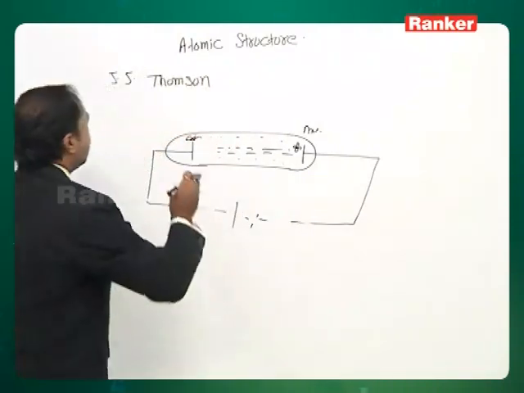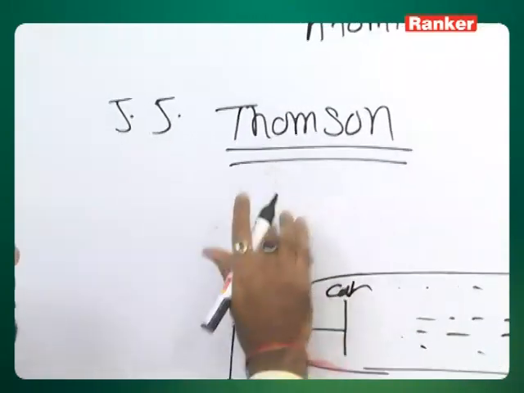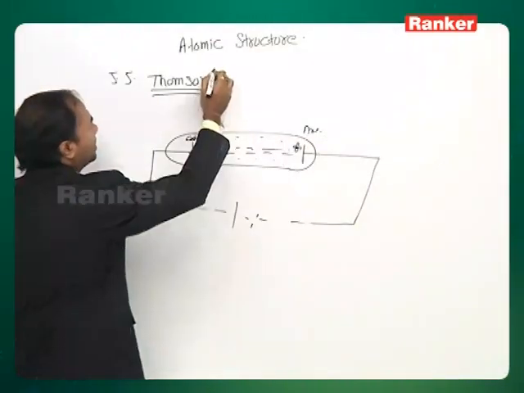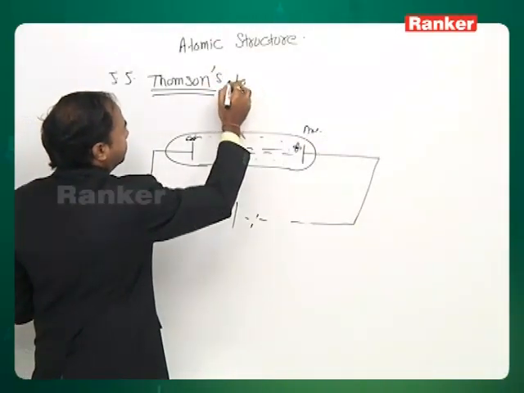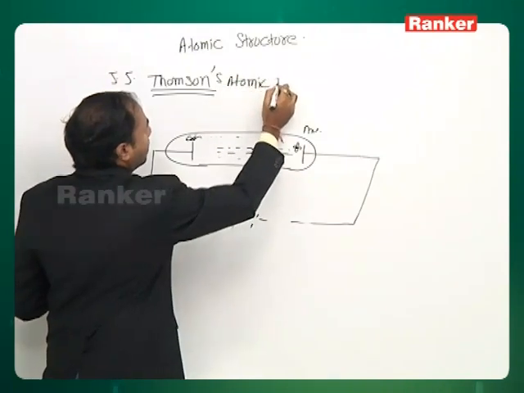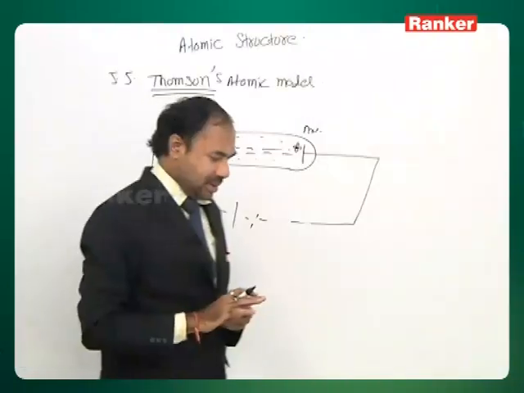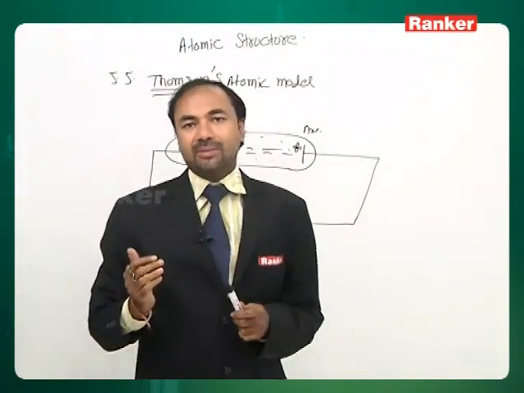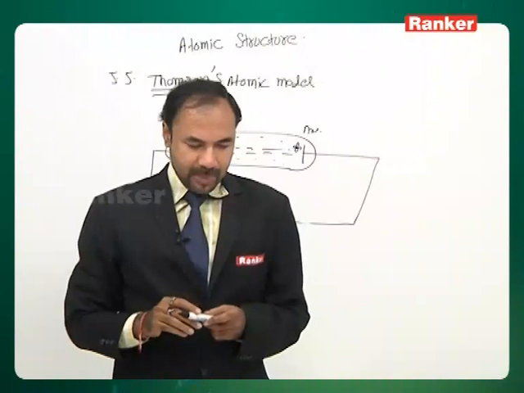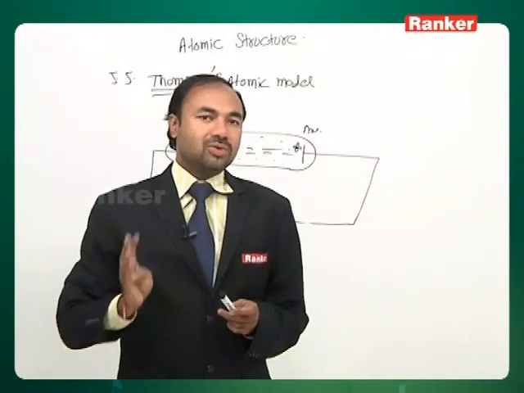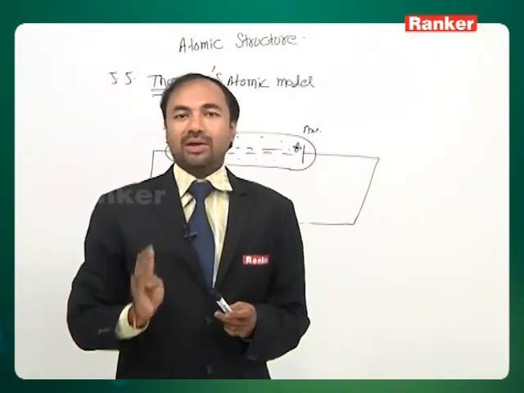This was given by Thomson, which after his name only is known as Thomson's atomic model. And his model was actually quite primitive, because you understand one thing, by the time Thomson gave his atomic model, even the proton was not discovered, even the neutron was not discovered.